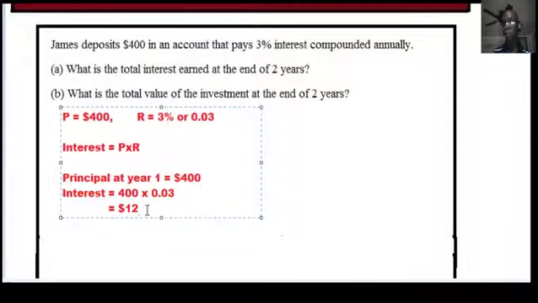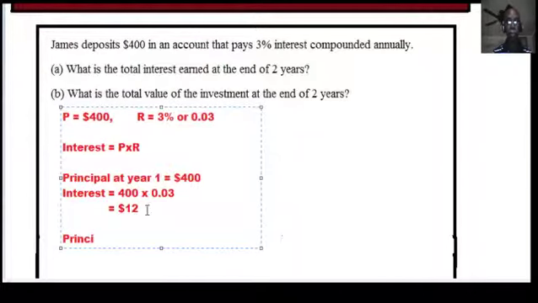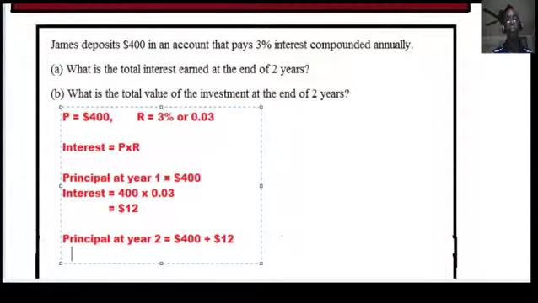This equals $12. Principal at the beginning of year 2 equals $400 plus the interest earned in year 1. This equals $412.